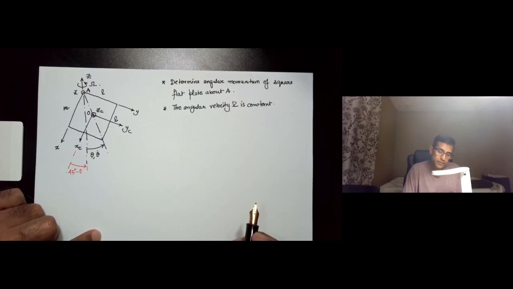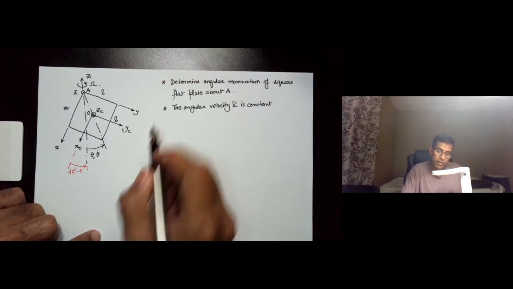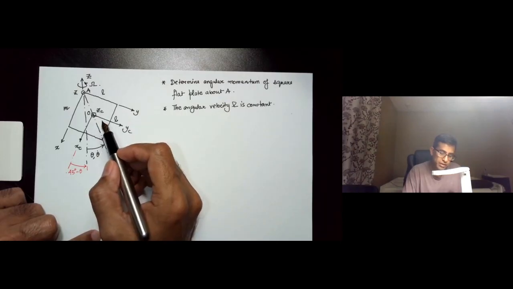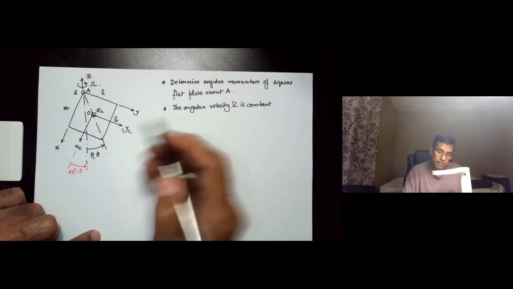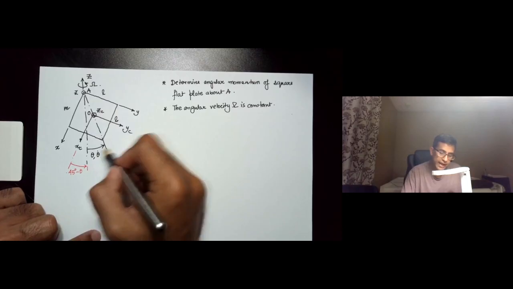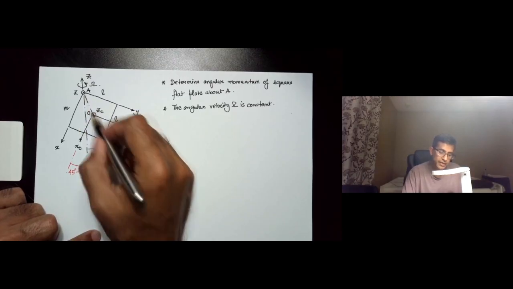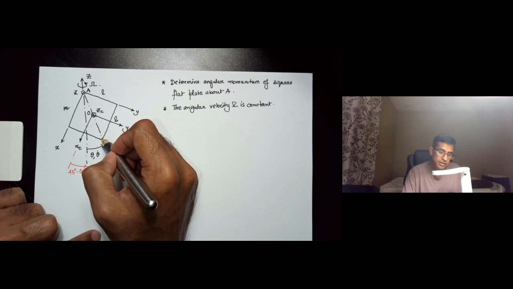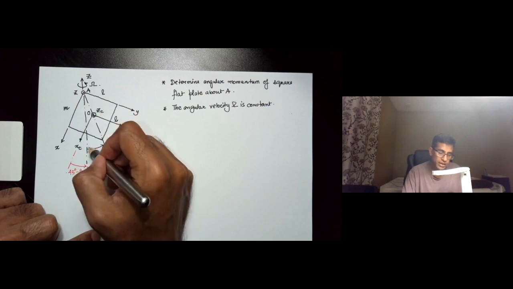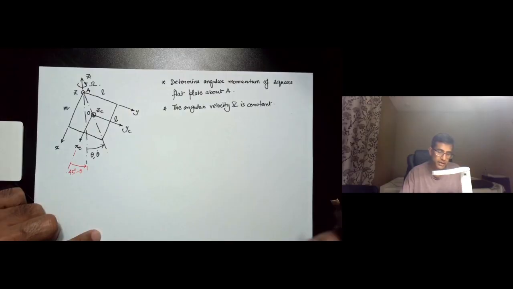So the first approach that we are going to take. Before we start working on the problem, we also note that this angle theta represents the tilt of the diagonal of this square plate from the inertial vertical.